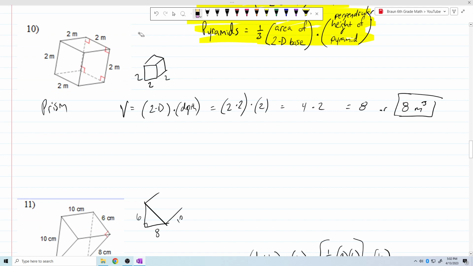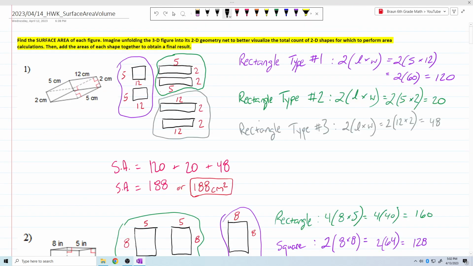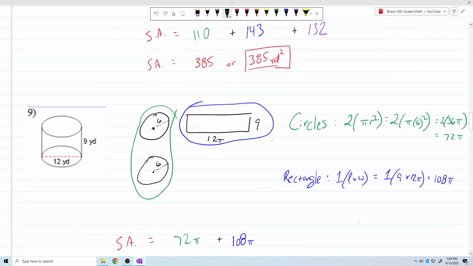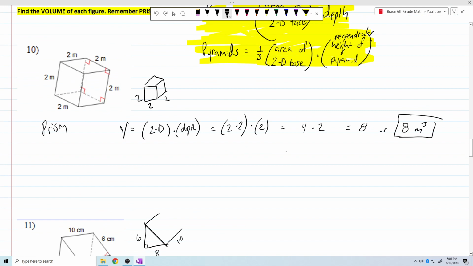Pick one of them and do a 2D area calculation, which is this. Okay, I have to fix this pen later. But anyways, there you go. Again, the 2D face area, 2 by 2, times 2 depth. Simplify, you get 8.